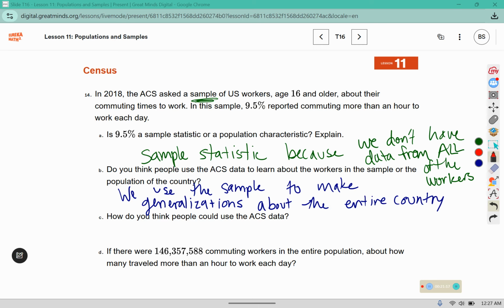How do you think people use the ACS data? Well, if we were collecting data on commuting times, they might use that data to help them with traffic control, maybe building new roads, putting in stoplights. So we use that data to make plans.